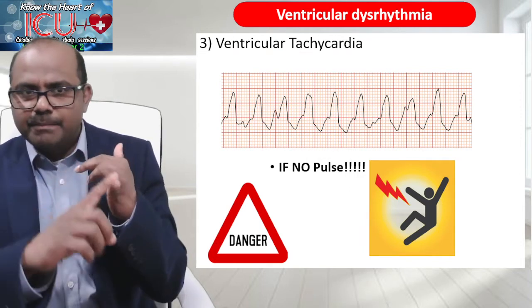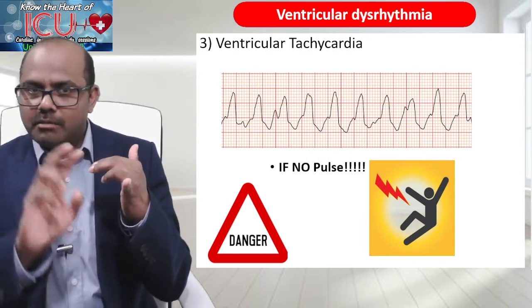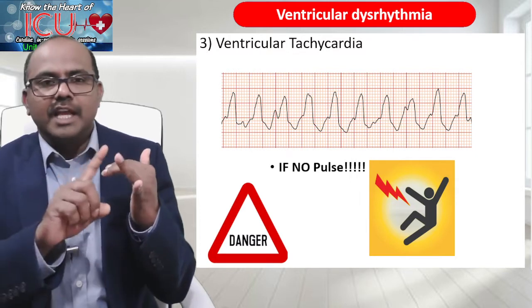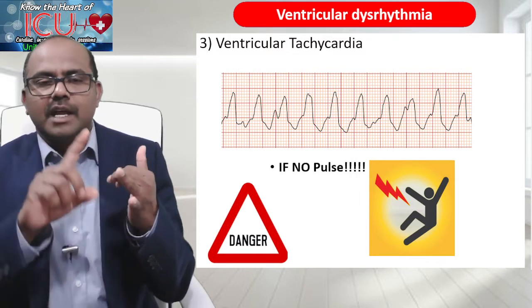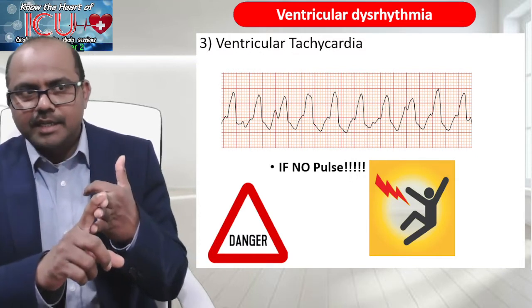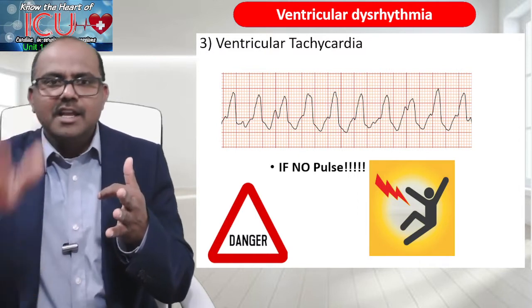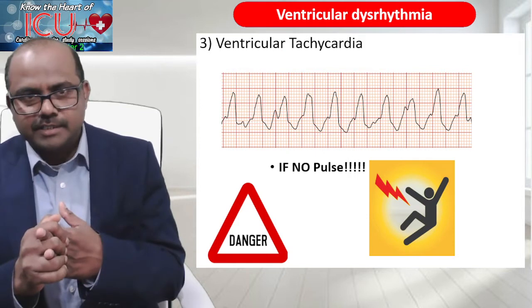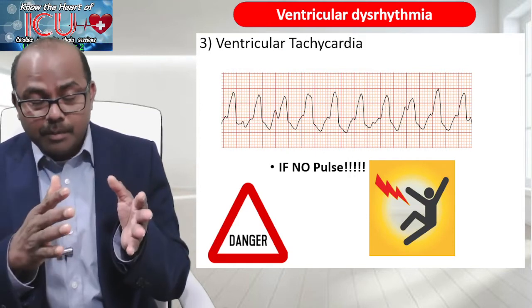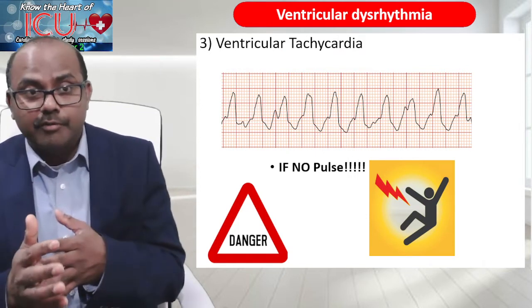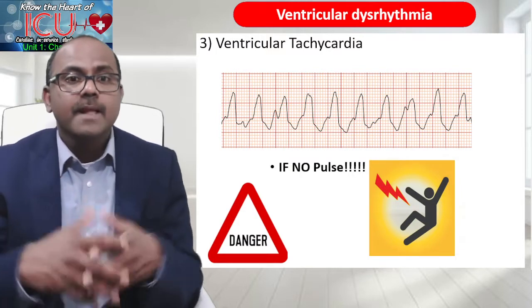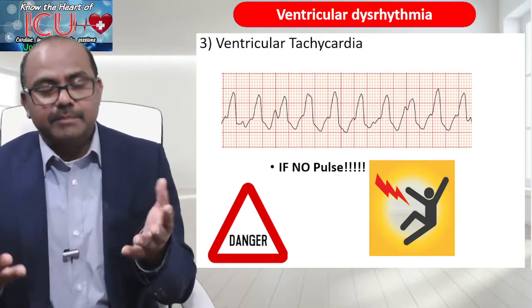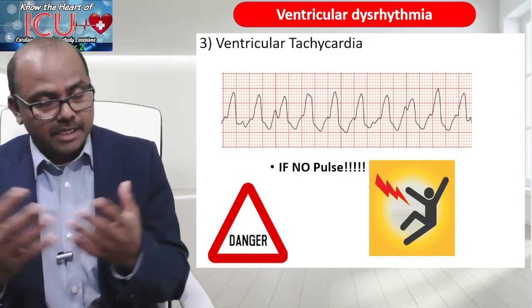So you have learned your PVCs, polymorphic, monomorphic PVCs, and your idioventricular rhythm, and your ventricular tachycardia. You know that ventricular tachycardia has a wide bizarre QRS complex, and it's tachycardia, more than 100 rate. It can be polymorphic, or it can be monomorphic. If it is of different morphology, then it's more dangerous.